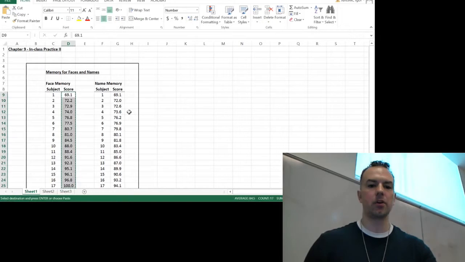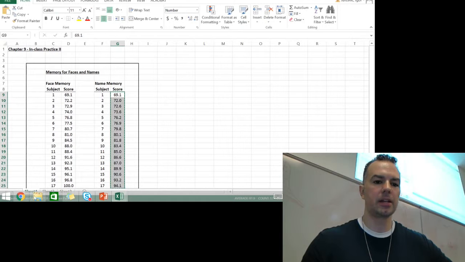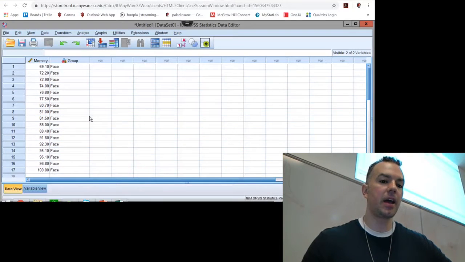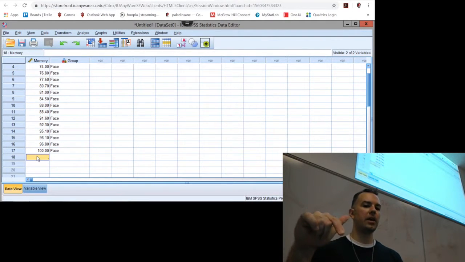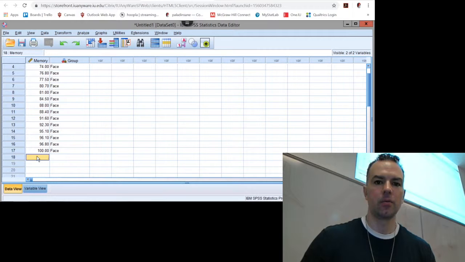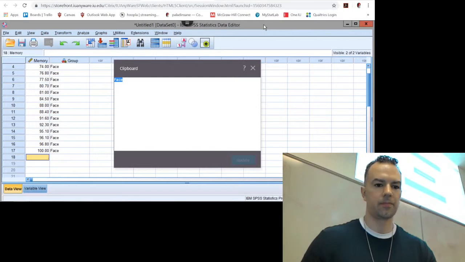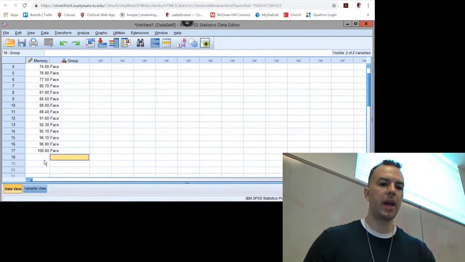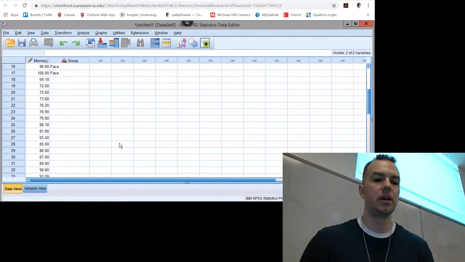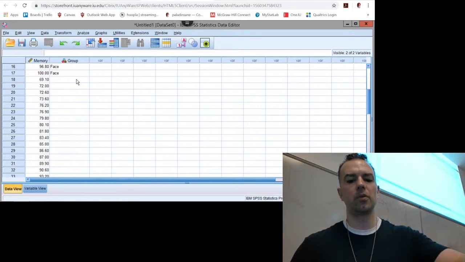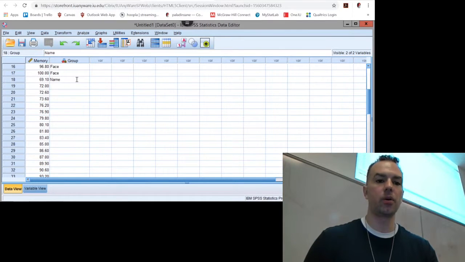All right, next one. We take our name scores from the subjects in the name group that memorized the names instead. And remember that they are separate subjects, so they get their own rows. So we paste their scores directly underneath the original scores, because we need one row for every subject.